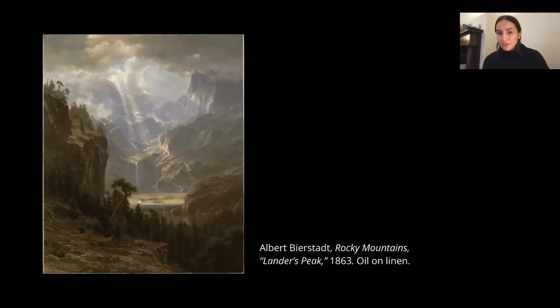In its very ornate frame, which you can't see in this image on the screen, the painting stands just shy of 5 feet tall and 4 feet wide. It isn't even the largest of Bierstadt's paintings from this Rocky Mountain series. Another one that he painted from this series extends as long as 10 feet and as tall as 6 feet. So very intentionally so, standing before this painting makes a viewer feel extremely small.